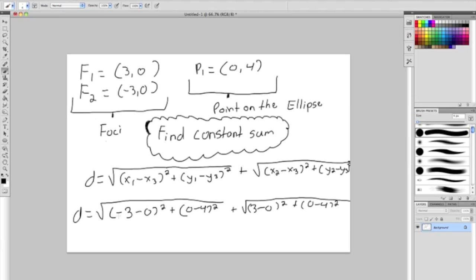If you were to simplify these, you would get this. So you would get this. In this example, your constant sum would be 10.